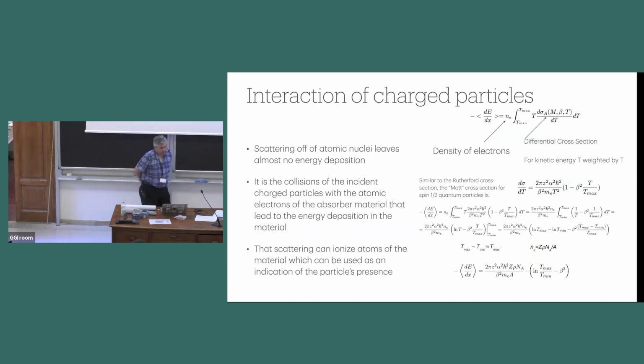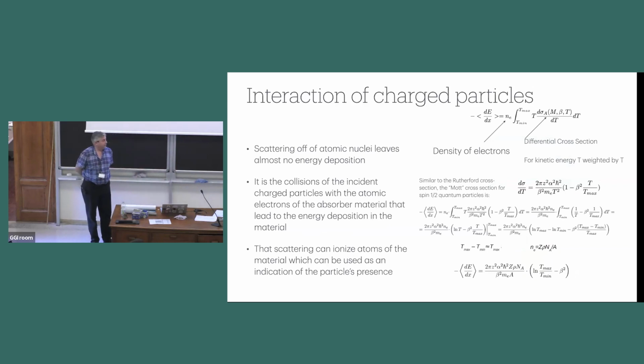So you can calculate this, right? If you actually wanted to know what would happen if it's just interacting with the nucleus electric charge. However, because it leaves almost no energy deposition when it scatters with the nucleus, the measurement that we can see and use is generally scattering off of the electrons in the atoms themselves, right?